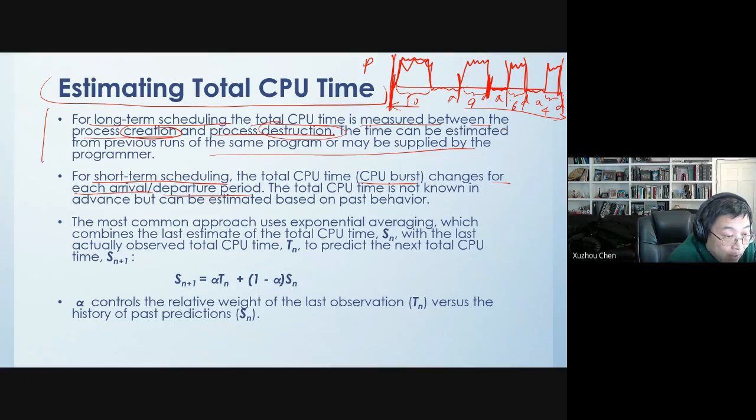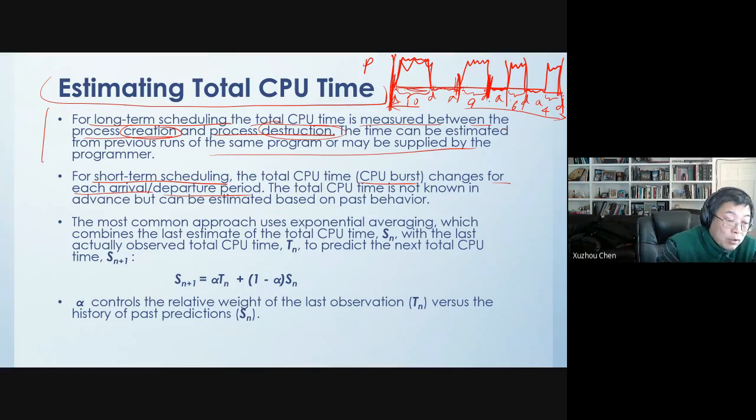If I complete this CPU burst, from arrival to departure, I measure it: oh, it's 10 time units. Then the next time the CPU starts to burst for this process, how much time should I predict? Most likely, if we use the history, we're going to predict that it will take 10 time units, because it did previously.